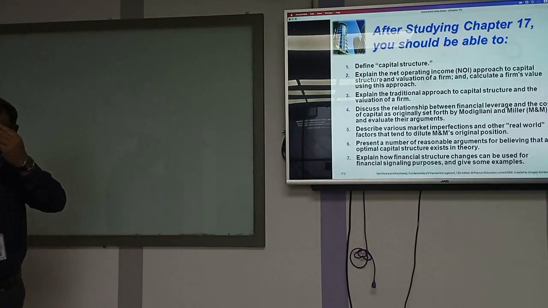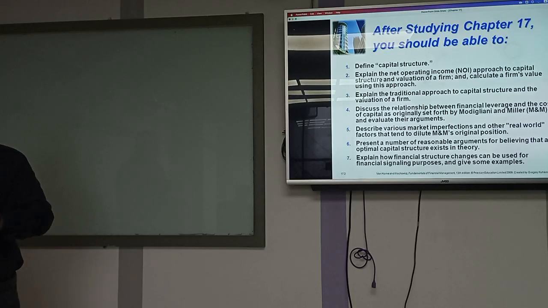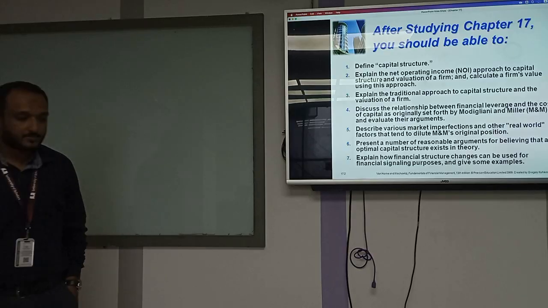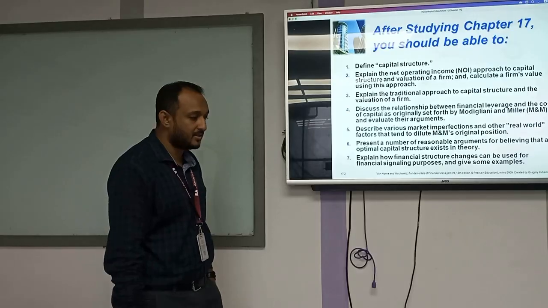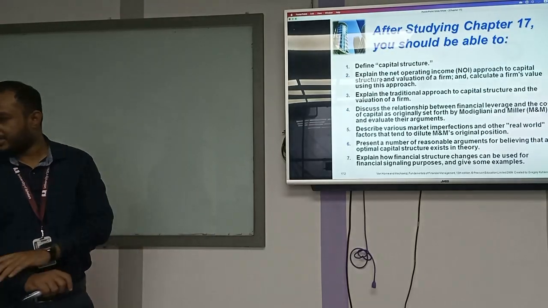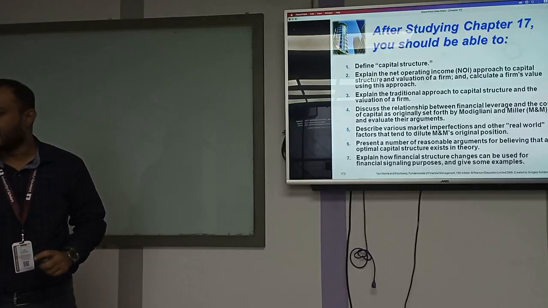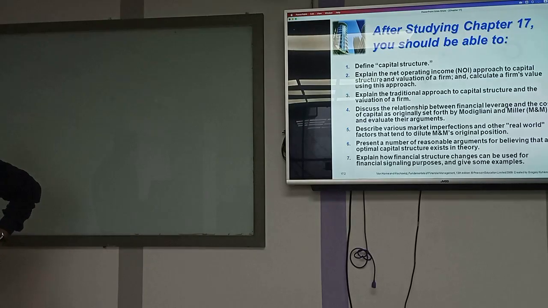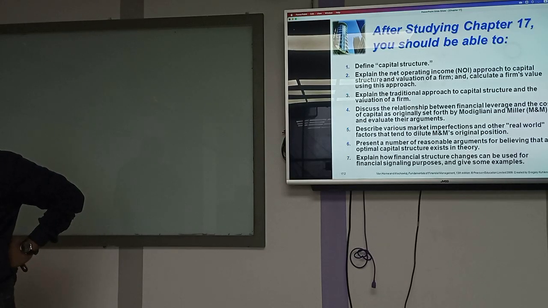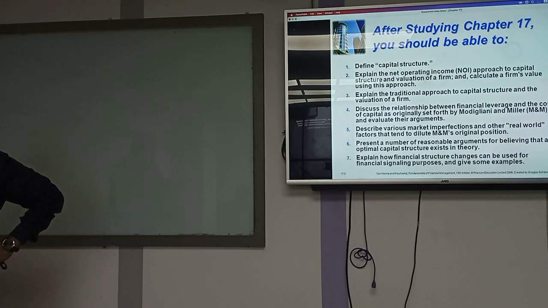In this chapter, we are going to cover 7 broad points. Defining the capital structure, which I already defined, right? Then the concept of NI, then the traditional approach to capital structure. Then we will discuss the foundation theories set forth by Modigliani and Miller.